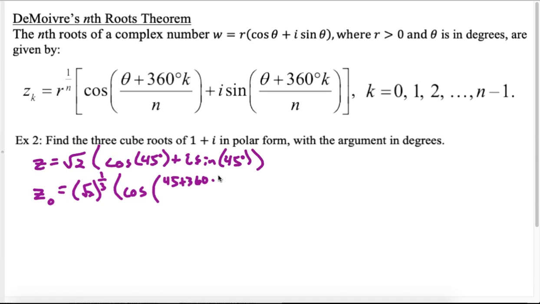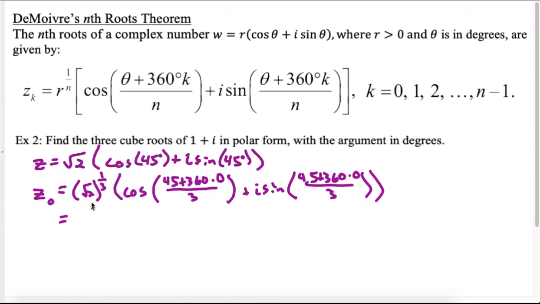I'm plugging in 0 for k here, over n, which is 3 in this case because we're finding the cube root, plus i times the sine of that same thing: 45 plus 360 times 0 divided by 3. And then we can simplify.